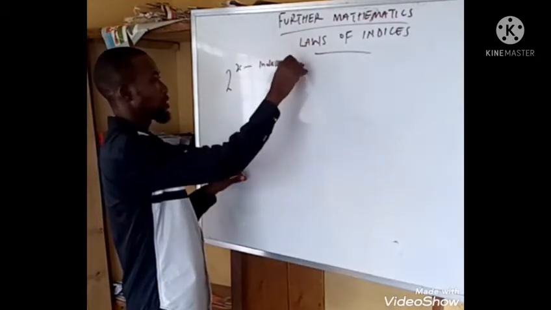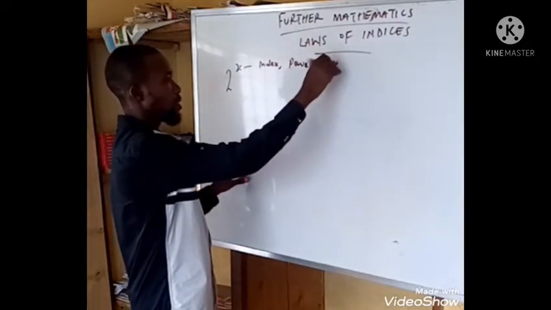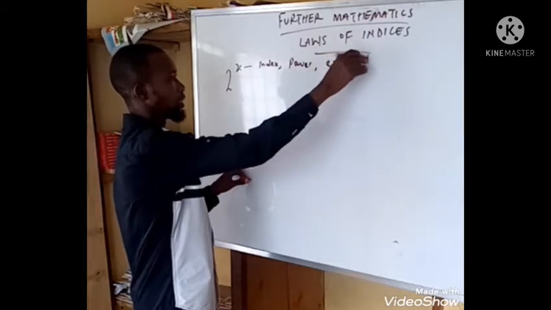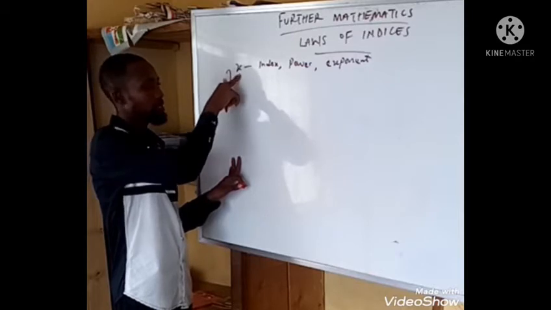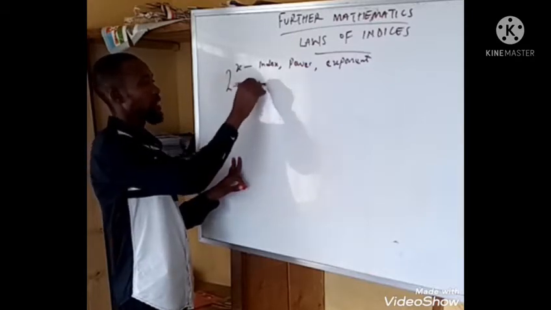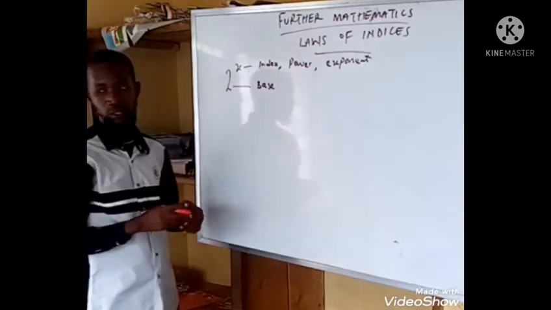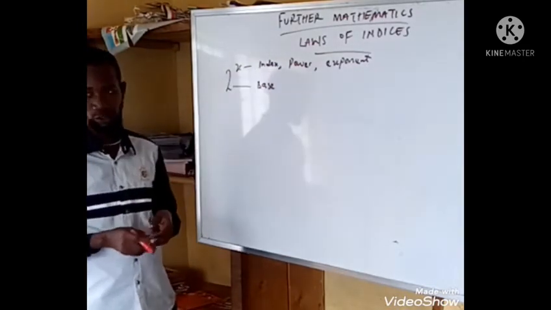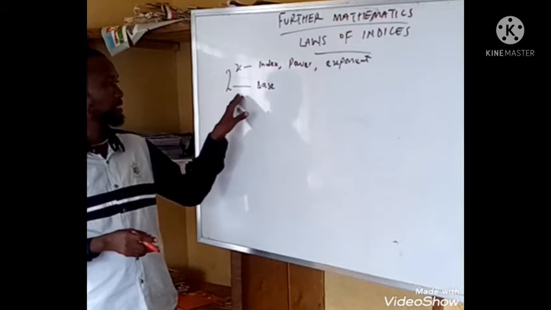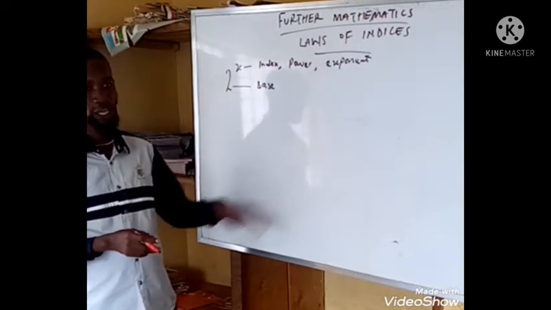It can as well be called the power or an exponent. The number carrying this thing is what we term the base. So remember, this is called the index, power, or exponent of the expression, while this one is the base of the expression.